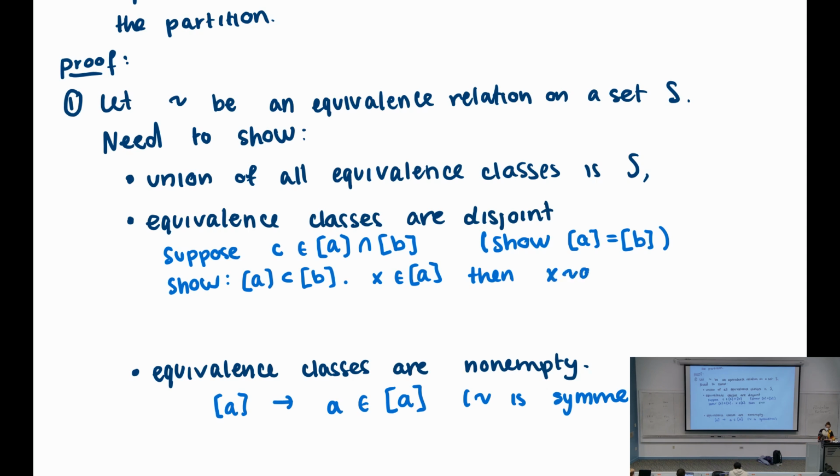So then X is related to A, and A is related to C because C was in the intersection of both classes. C is related to B because B was in that equivalence class.